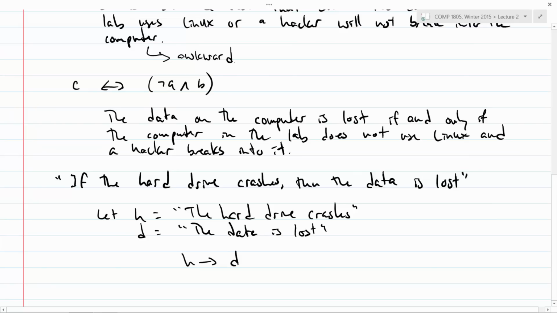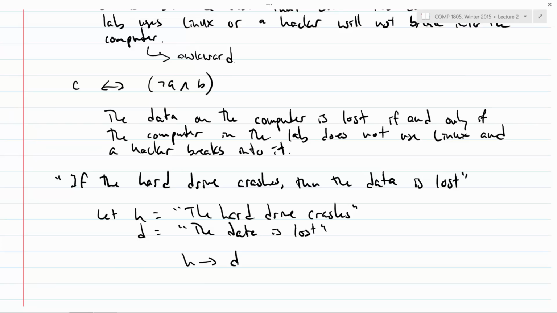Now what you did when you were answering that was very, very important, and that is you told me what the propositions meant. You said let D be whatever, let H be whatever. If you just put H implies D, that is worth very few marks because you haven't answered the question. I could write down any symbols in any order I want and define it to be the answer.